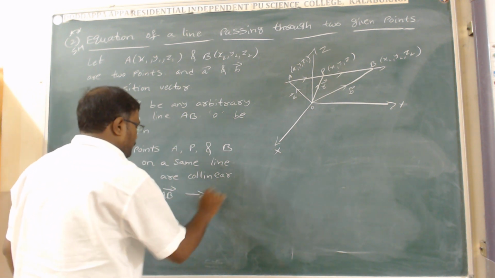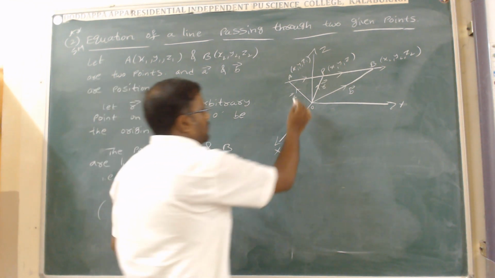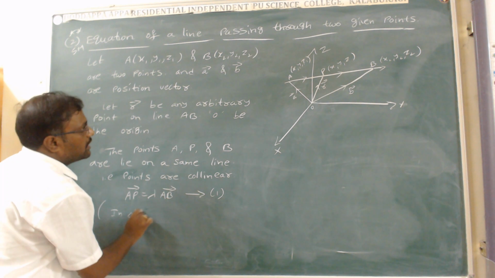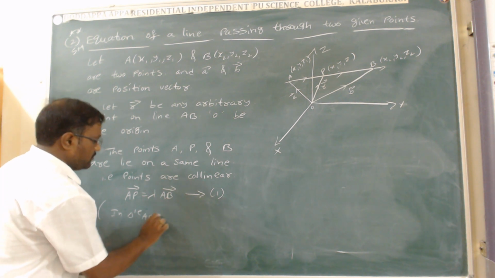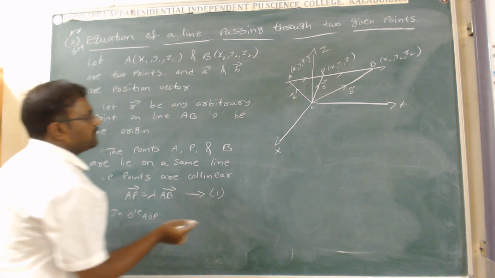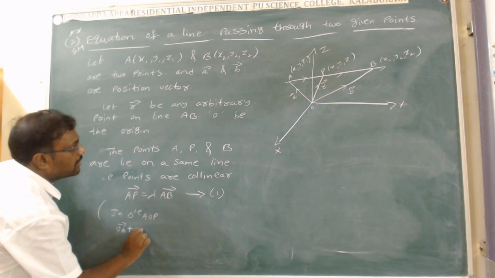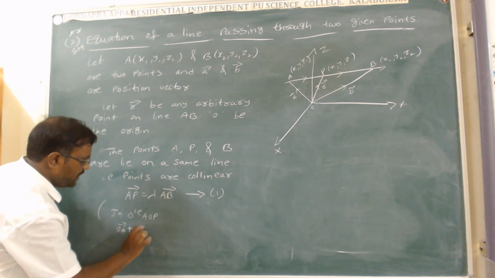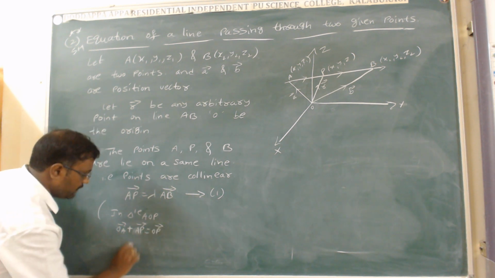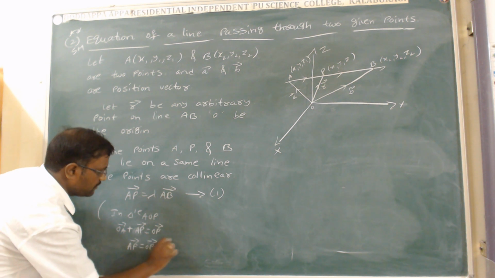So this is the first equation. Now you can find vector AP. See here, in triangle AOP, you can apply addition of vectors. If you apply addition of vectors, we get vector OA plus vector AP is equal to vector OP. So vector AP is equal to OP minus OA.